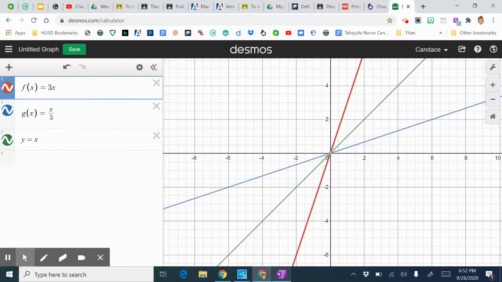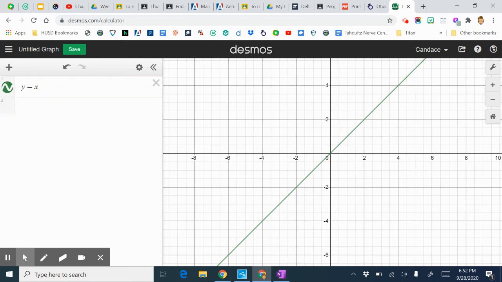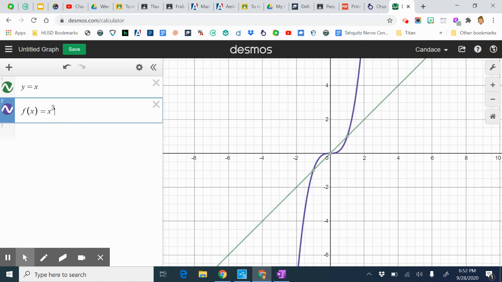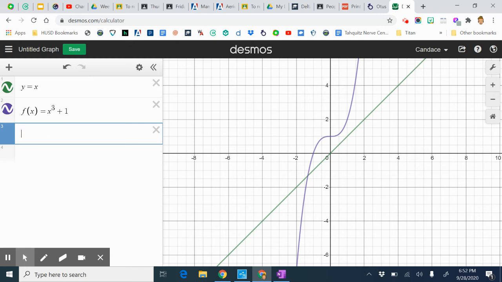So I'm going to go ahead and try graphing these. I'm going to leave that line y equals x. So we've got f of x equals x cubed plus 1. And then I'm just going to call it g of x, even though we called it f inverse. g of x equals the cube root.